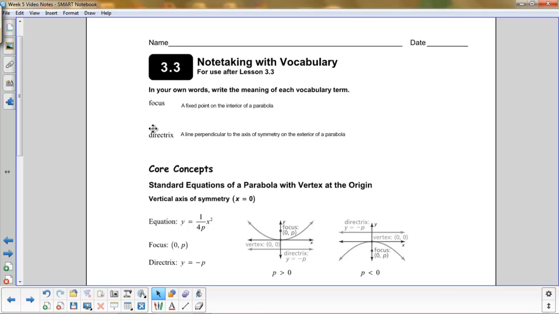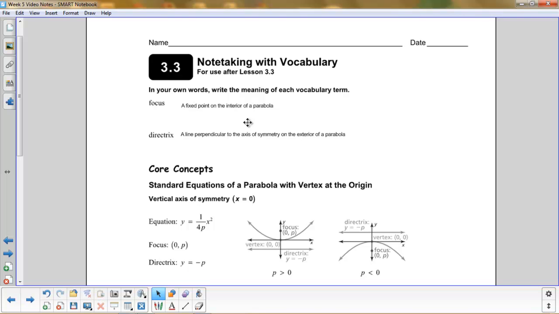The two new things that we have here with the conic section version of a parabola is a focus and a directrix. A focus is a fixed point on the interior of a parabola. If you want to think of this as a tangible object, you would think about a flashlight, where the flashlight reflective lens is a parabola and the light bulb itself is the focus.